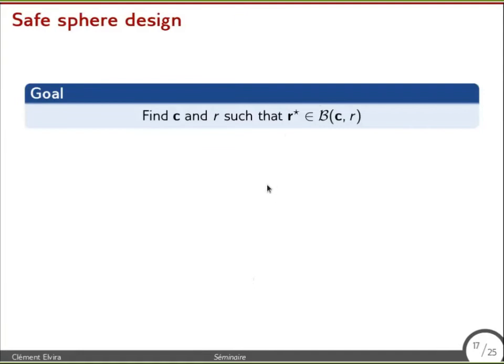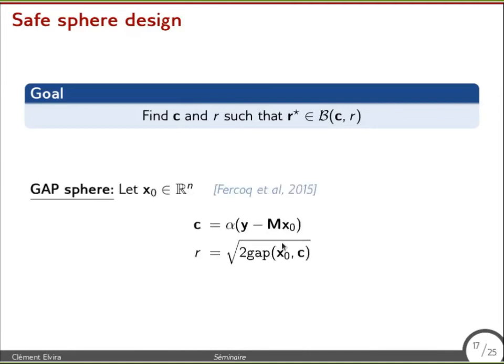So the idea is then to find a center and a radius to design a safe region. And to do that, we can easily extend the notion of safe region that was developed for the lasso problem. In particular, I will focus on the gap sphere.